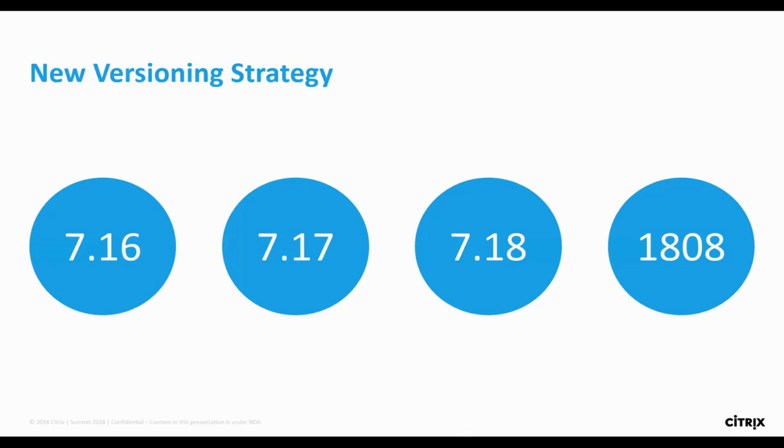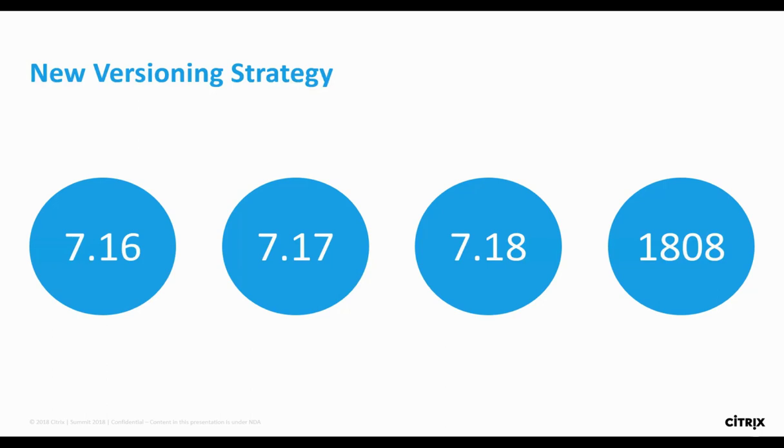So what we're doing now is changing this around. There is no 7.19. What would have been 7.19 is 18.08. How you break this down is the first two numbers are the year, and the last two numbers are the month. So 2018-08 is when this next version of virtual apps and desktops came out.